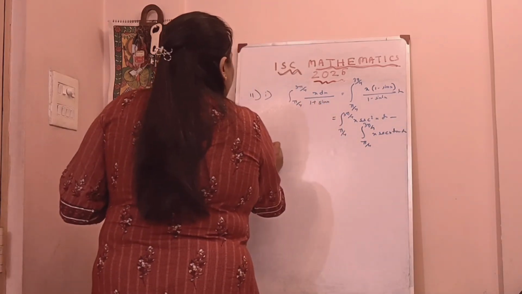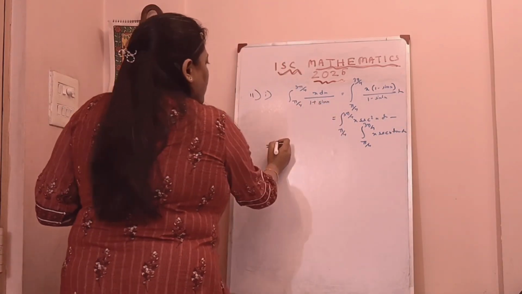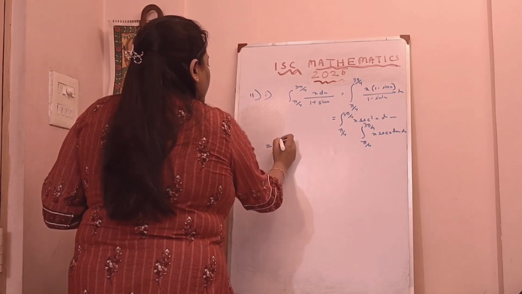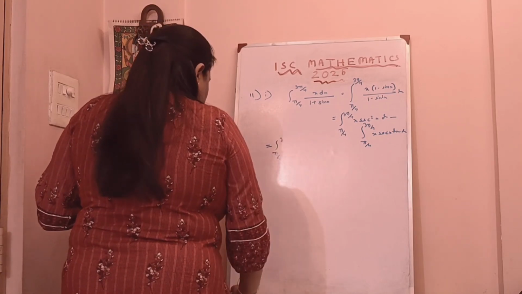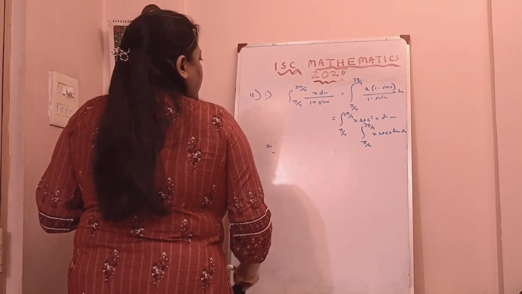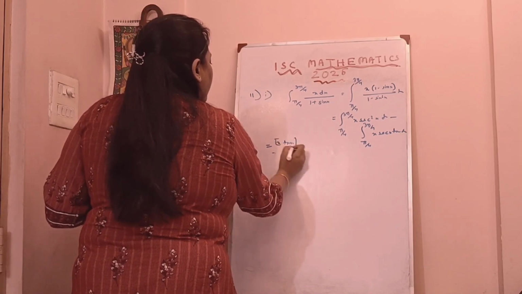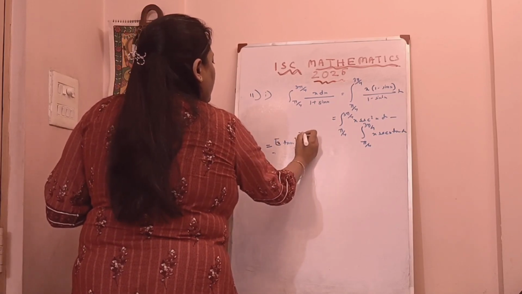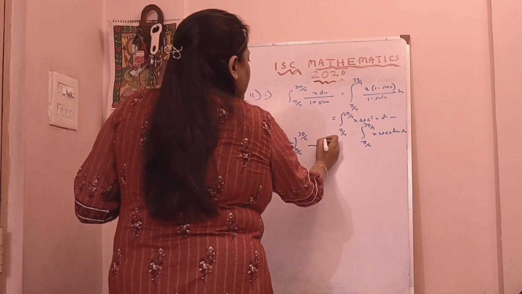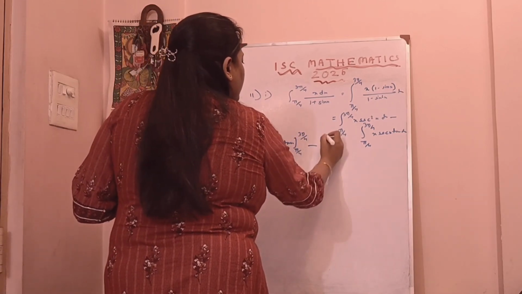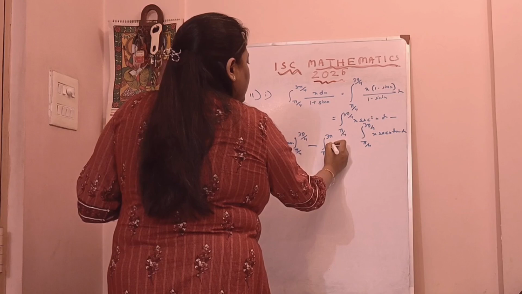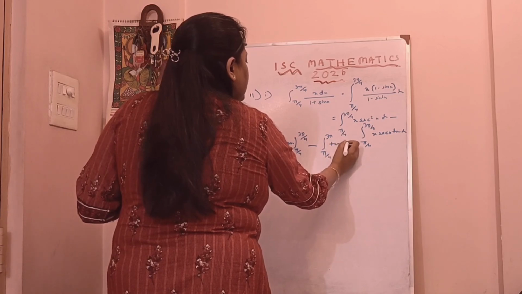Okay, now we will integrate by parts. The first part is x tan x from pi by 4 to 3 pi by 4 minus the integral from pi by 4 to 3 pi by 4 of 1 times tan x dx.